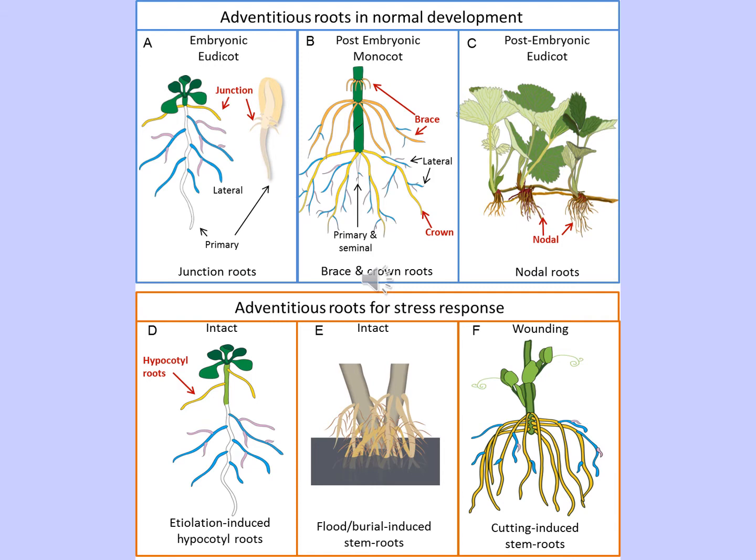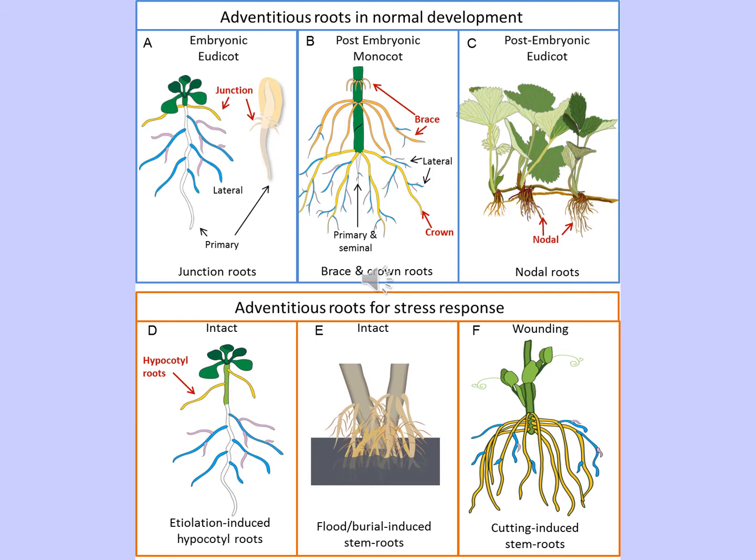In the center top part of the image are adventitious roots called brace roots, roots that form off of the stem tissue and reach down into the soil, and that looks like a corn plant. And then we have nodal roots, roots forming off of the stem of this strawberry plant, and those come out of the nodes where the leaves grow out.